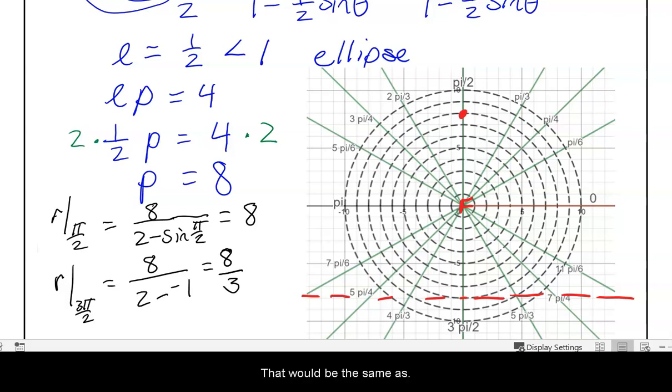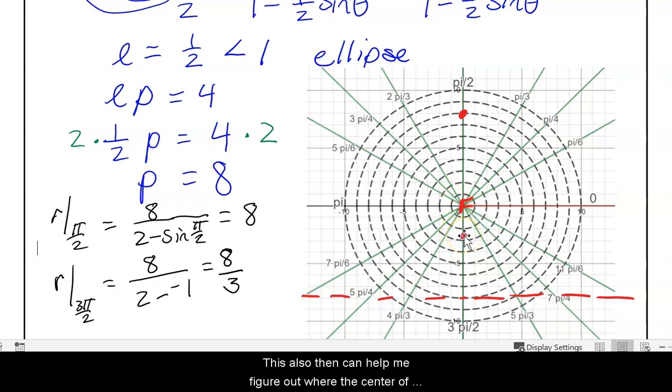That would be the same as 2 2/3. Coming out to the graph, we would go to the second concentric circle and 2/3 of the way to the third. And that would be the location of the other end of the major axis of this ellipse. That would give us these two values to represent the endpoints of the major axis.